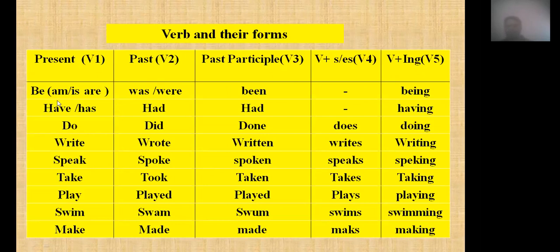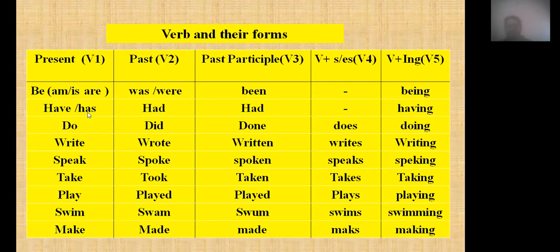Be verbs: am, is, are. The past form is was, were, and the past participle form is been. There is no s or es form of am, is, are, and being will be the ing form of the be verb.